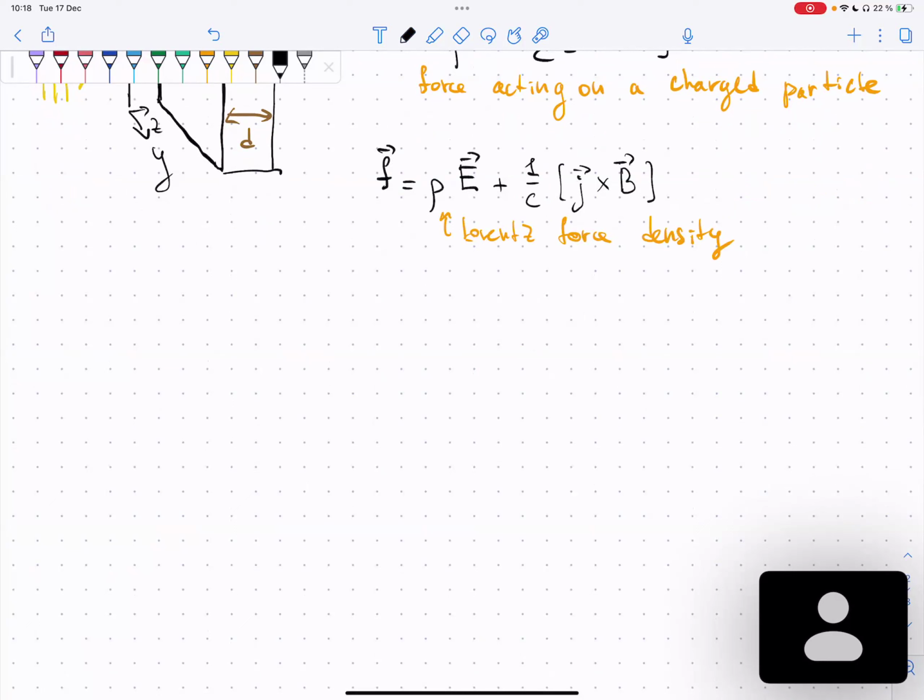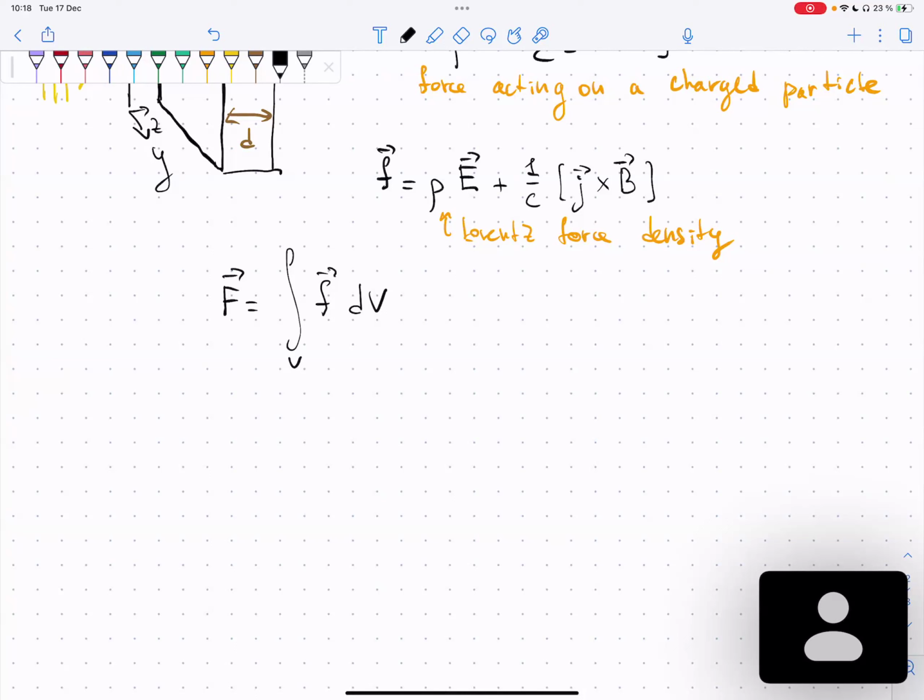And obviously to get the total optical force, we need to integrate the force density over the whole volume of the object. And let's actually do this.